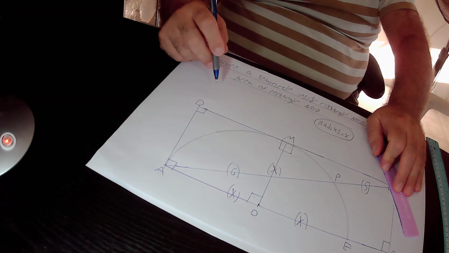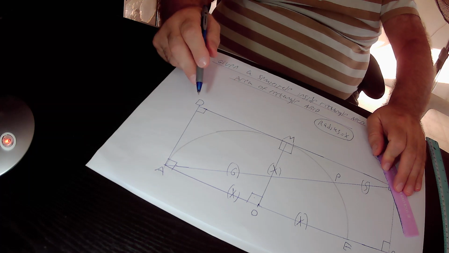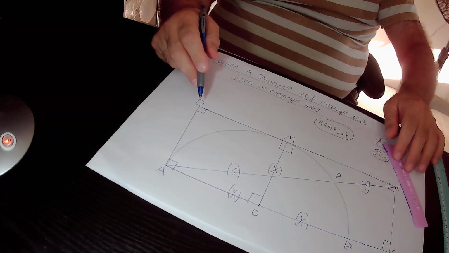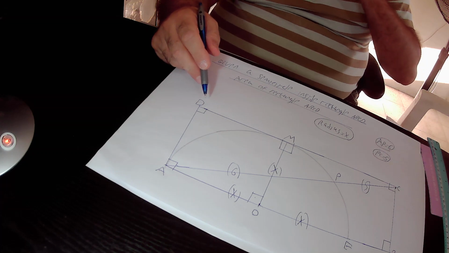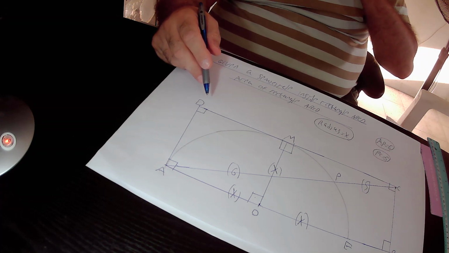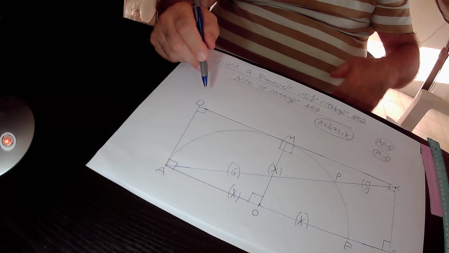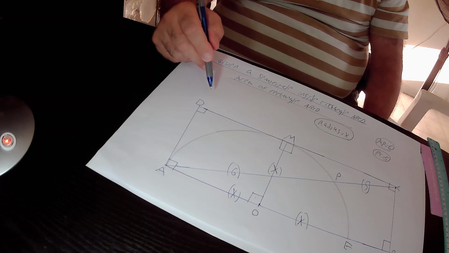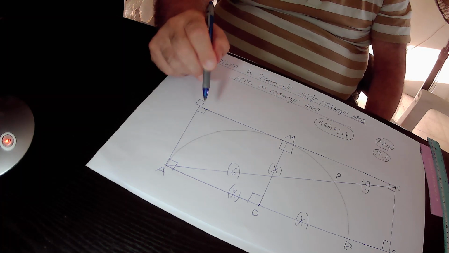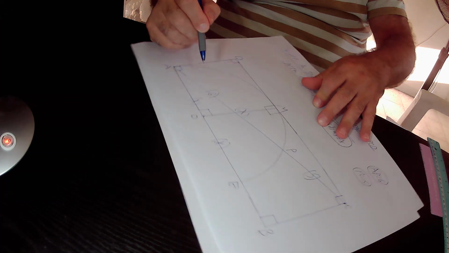So inside the small quadrangle DMOA we have 4 right angles, and according to rule 5, any quadrangle that has 4 right angles must be a rectangle or a square. So we conclude that this small quadrangle DMOA is a rectangle because it has 4 right angles.